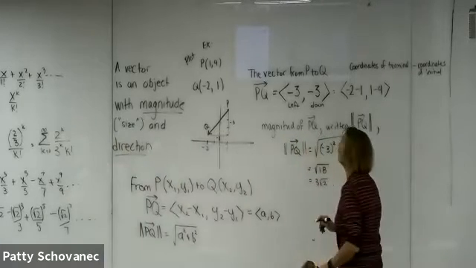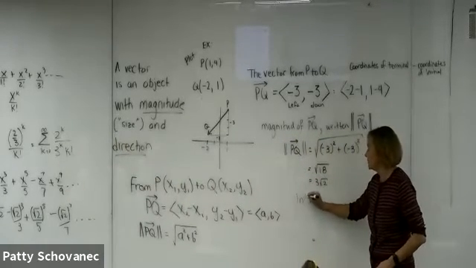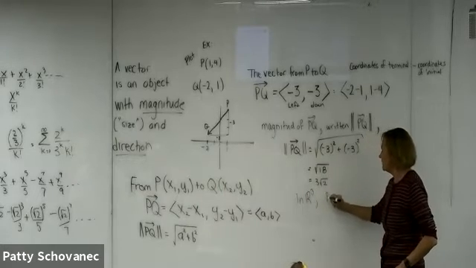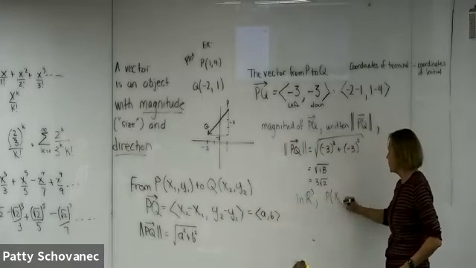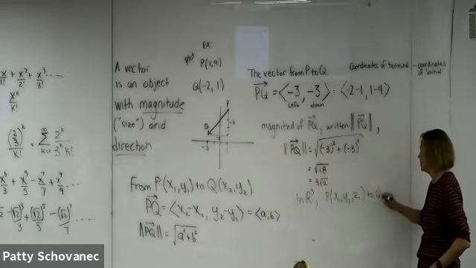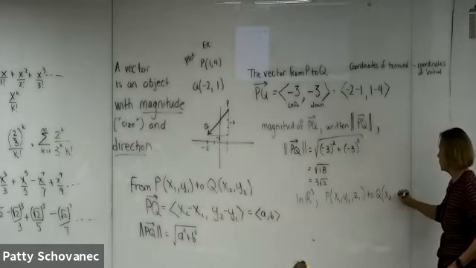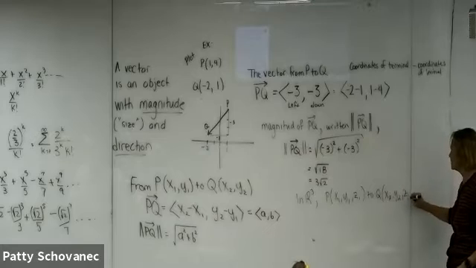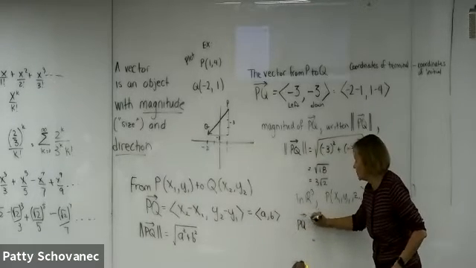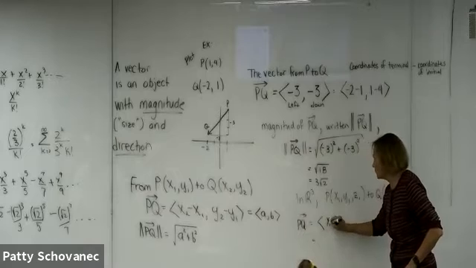So in R3, from point P, x1, y1, z1, to point Q, x2, y2, z2, gives us vector PQ, whose components are as before.